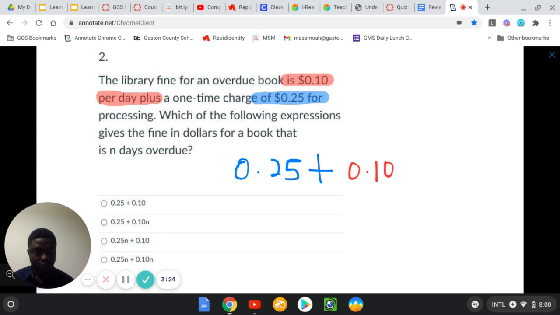I'm going to represent it by n days. It means that if you have n number of days, you multiply by 10 cents and add it to 25 cents. So our answer will be B.